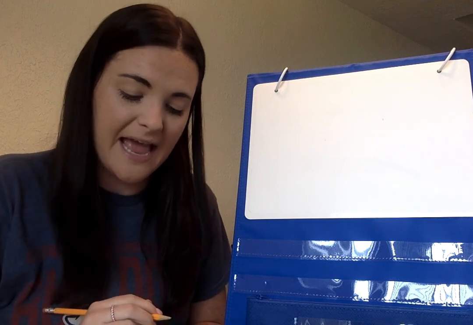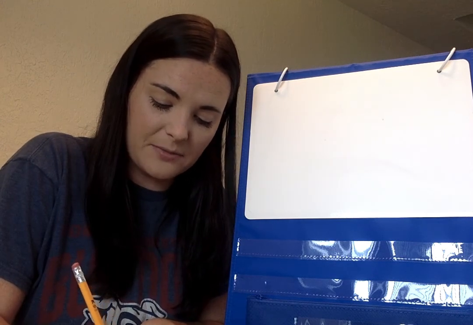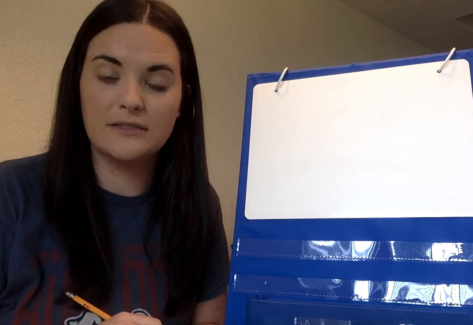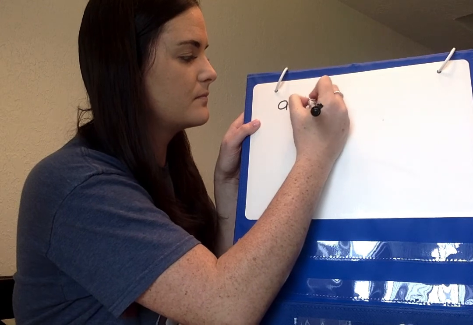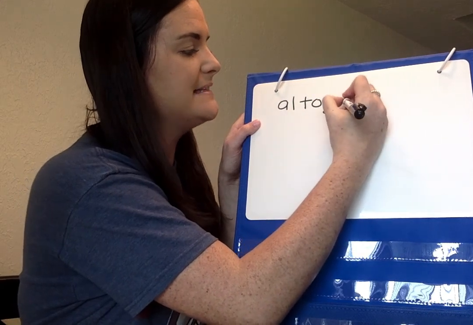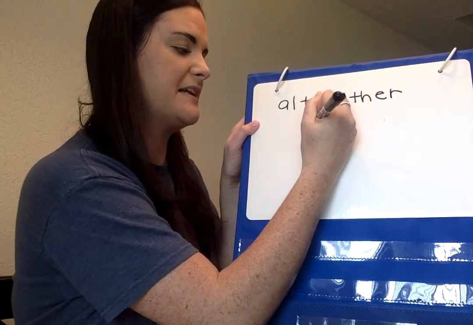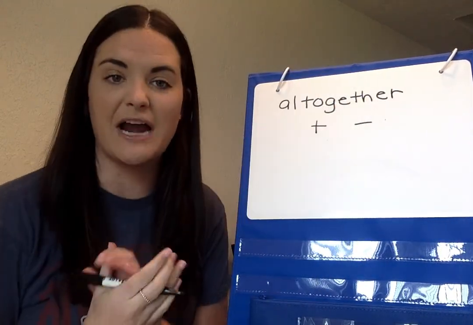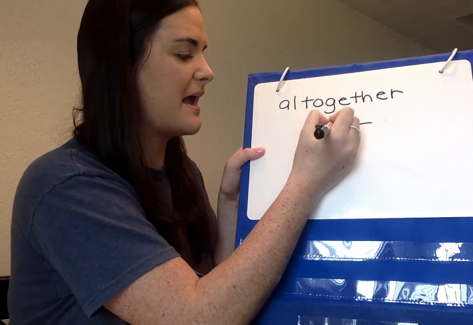Now it says, how many leaves do they have all together? Please circle the words all together. When I see this word in a story problem, does this mean addition or subtraction? You're right, addition.